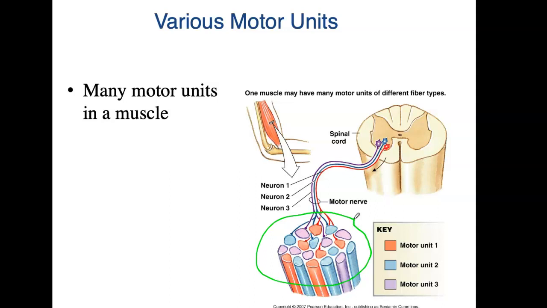And that has to do with how many of these cells you want to engage in the contraction. So if you only want to engage a few cells, you could just stimulate motor unit number 1. If you wanted to engage more cells, then you would engage motor unit number 1 again, plus 2. And then if you want contractions even stronger, you would then do 1, 2, and 3 and make that a stronger contraction. So what you're doing is recruiting more muscle cells.